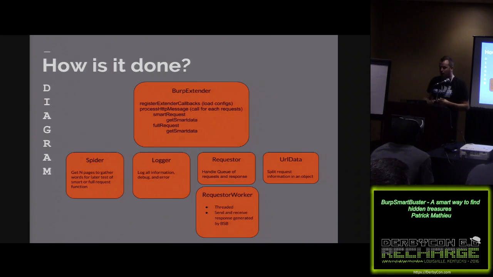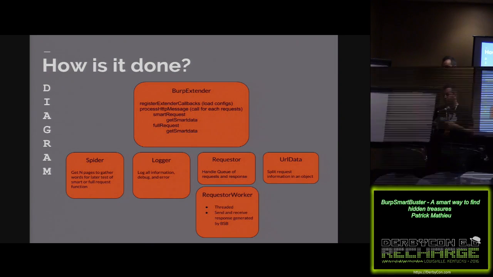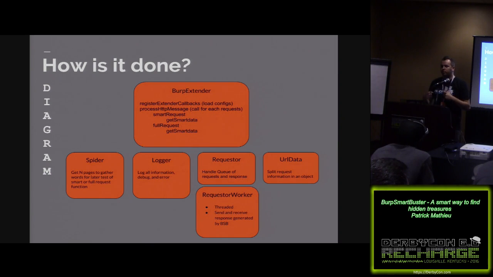So if we look at how things are done inside the code, the Burp extender is the class that you extend to gather requests from Burp in Python, or Java if you have code in Java. At first you got a function which is register extender callbacks, and inside this one, each time there's a request, this code will execute.